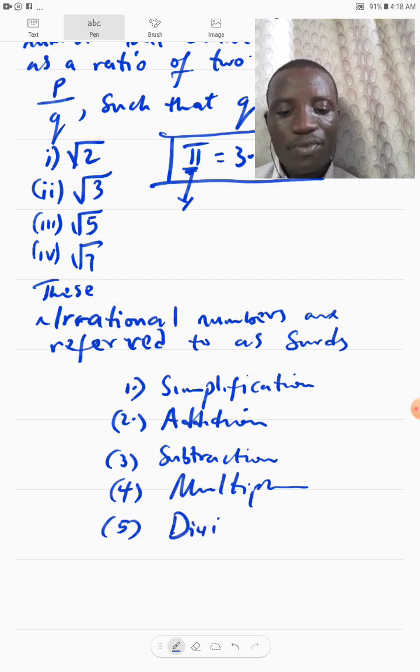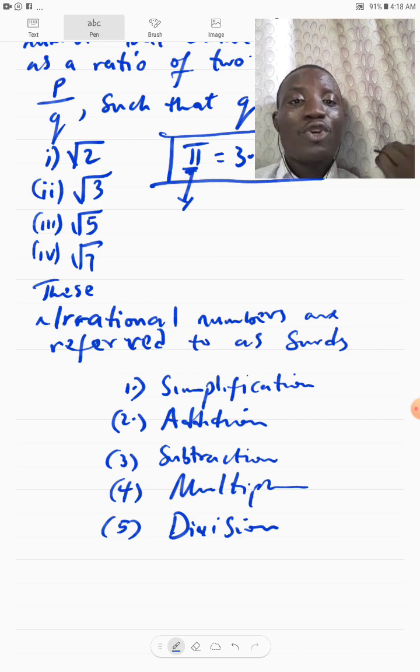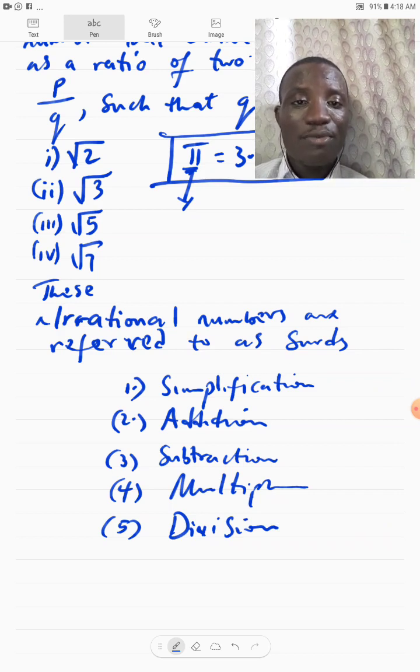Basically we are going to do this. So how do we simplify irrational numbers or expressions that have been given in irrational numbers? How do we add them? How do we subtract them? How do we multiply? How do we divide? We are going to look at all these in the course of this topic.